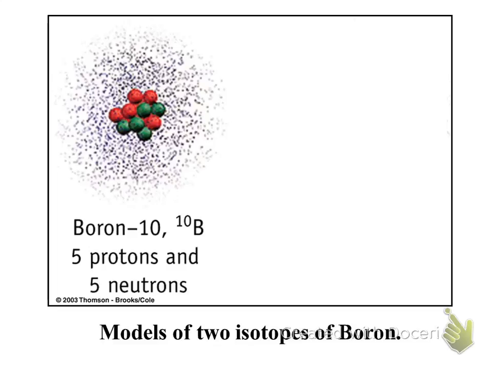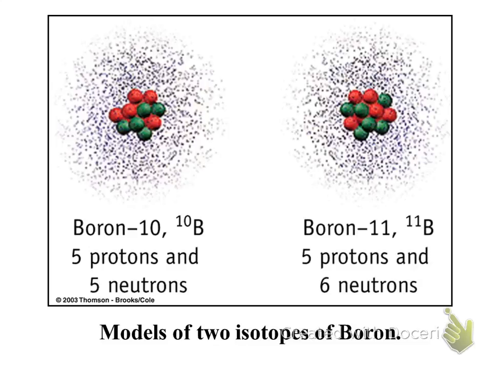So boron has 2 stable forms. The nucleus, of course, has 2 colors because you have your protons and your neutrons. The other isotopic form of boron looks kind of similar, but notice that it's mass number 11 versus mass number 10. Boron has atomic number 5.